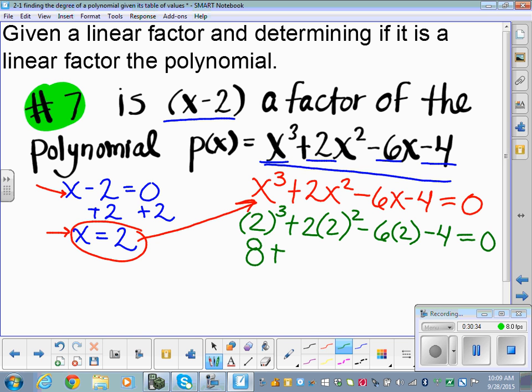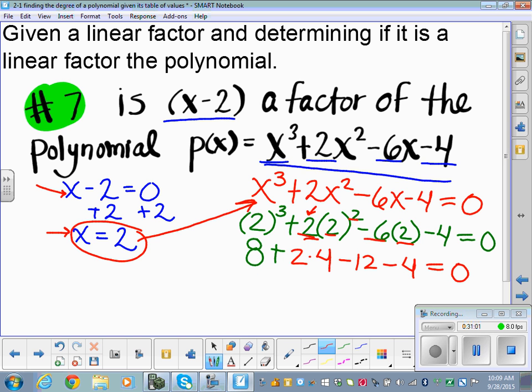Then now, very important, you must do 2 squared first before you multiply in 2. If you multiply 2 in and then raise it to the second power, you were saying that this piece was also raised to the second power, which isn't true. So we're going to do 2 times 2 squared, which is 2 times 4. So I'm showing all my work. Now right here we have negative 6 times 2, which is negative 12. And then we have minus 4.